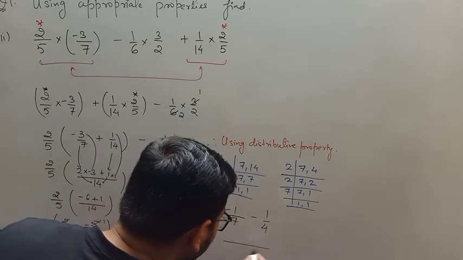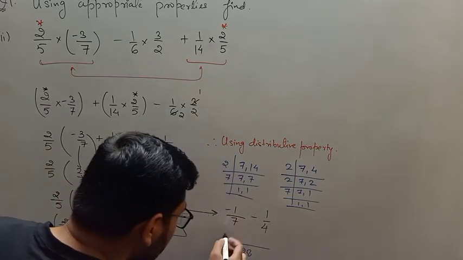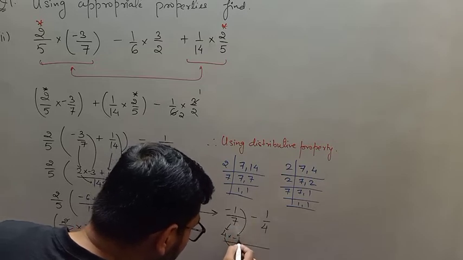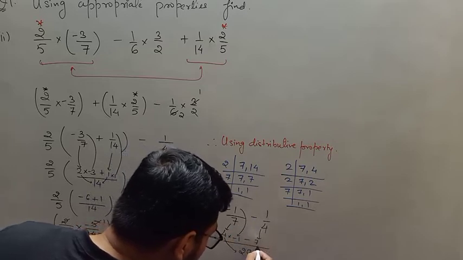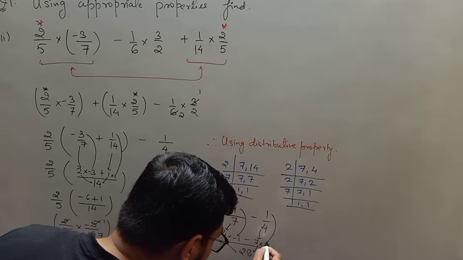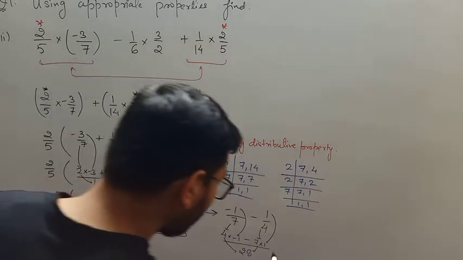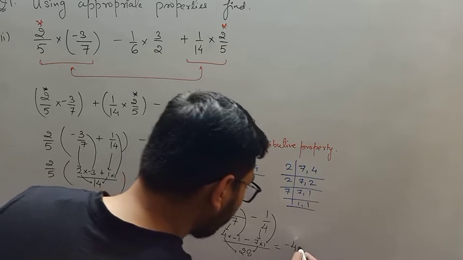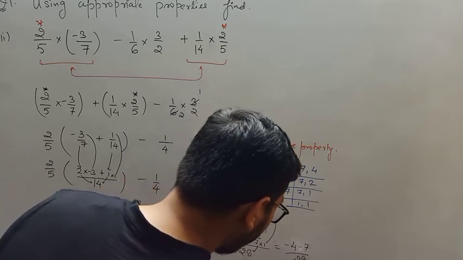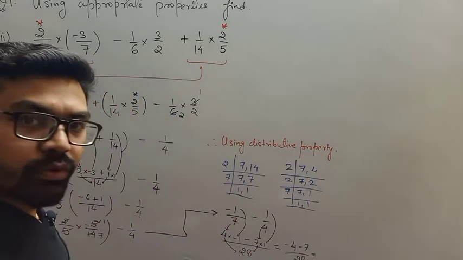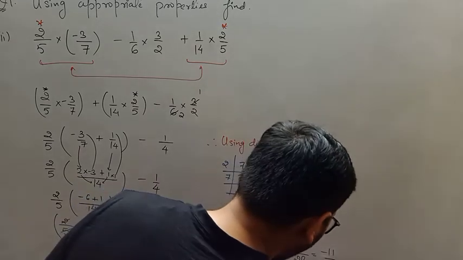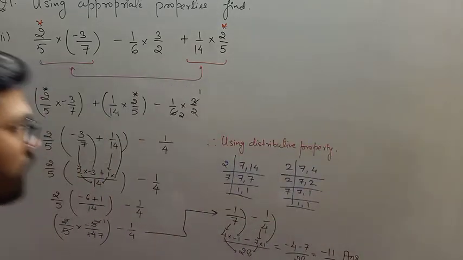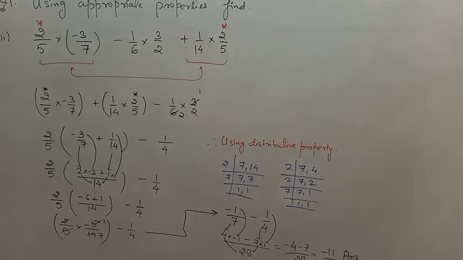So 28 will be the LCM. 7 4s are 28, multiply minus 1, 4 7s are 28 into numerator 1. 4 into minus 1 is minus 4, 7 1s are 7 divided by 28, or I can write minus 4 minus 7 as minus 11 upon 28. So this will be your answer.